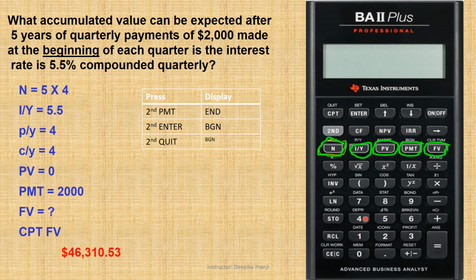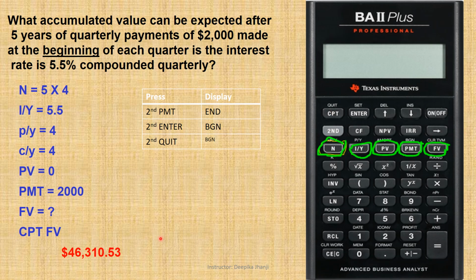Next step, 0 is PV. Then press 2000, and then PMT. So once we entered all the data, we need to find out the value of FV. So compute FV.